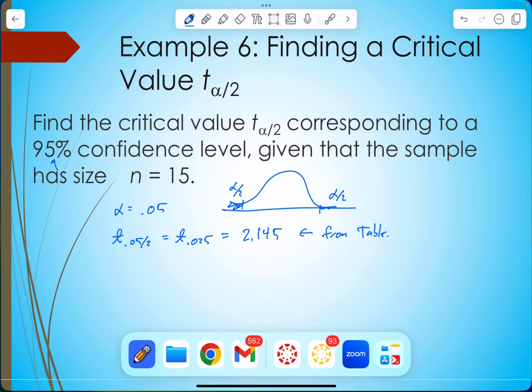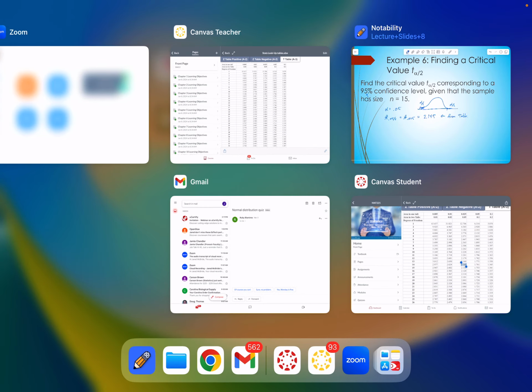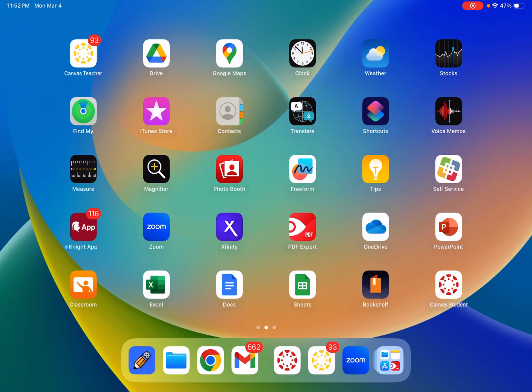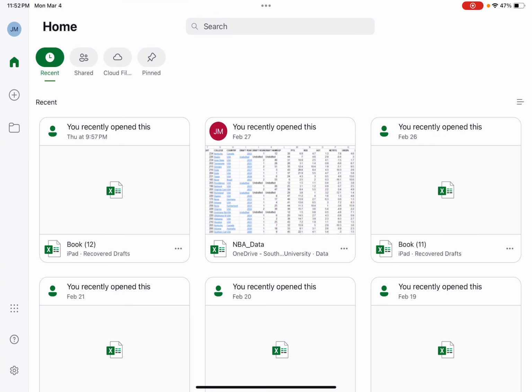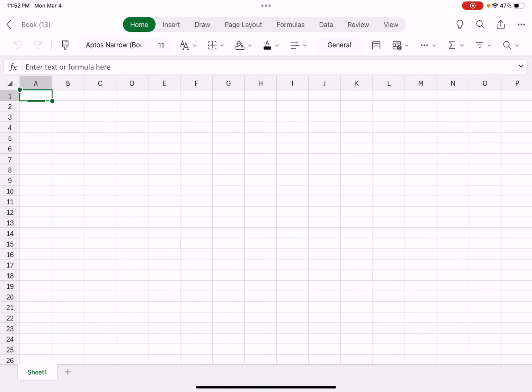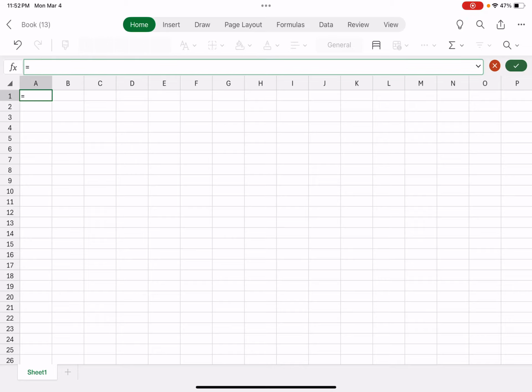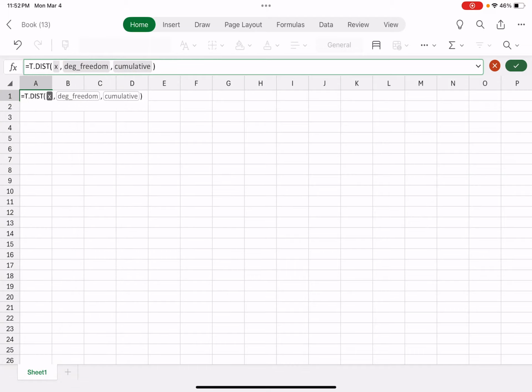If I want to do it in Excel, it's much easier. Let's open a new sheet. Okay. Equals t dot dist. See what it says?